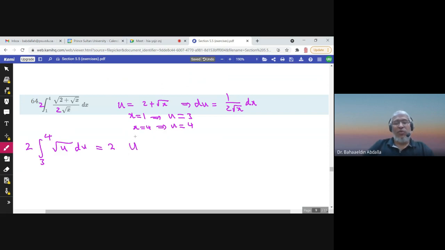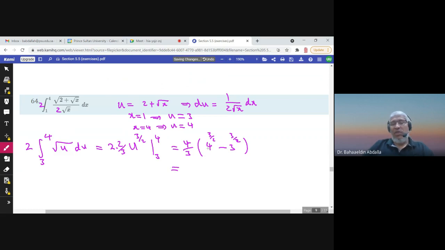So it would be u to the power 3 over 2 over 3 over 2, or times 2 over 3, from 3 to 4. So it's 4 over 3 times 4 to the power 3 over 2 minus 3 to the power 3 over 2.